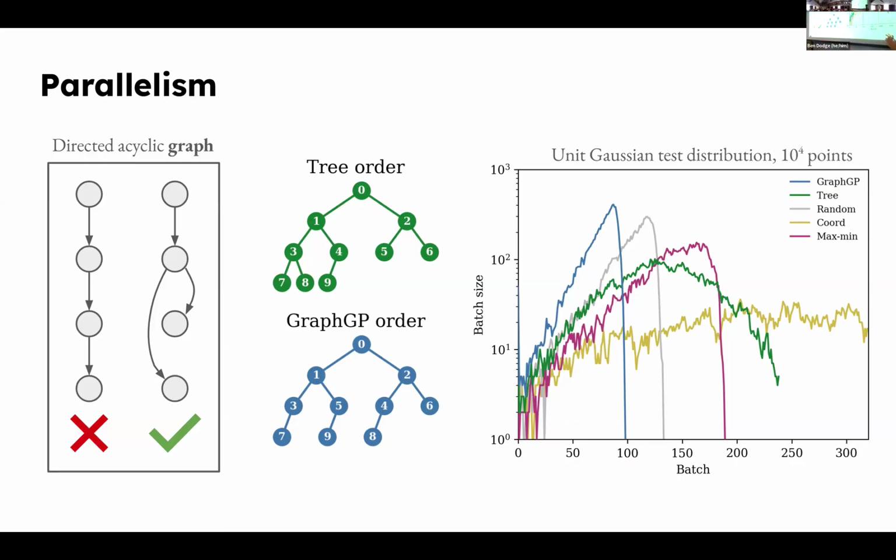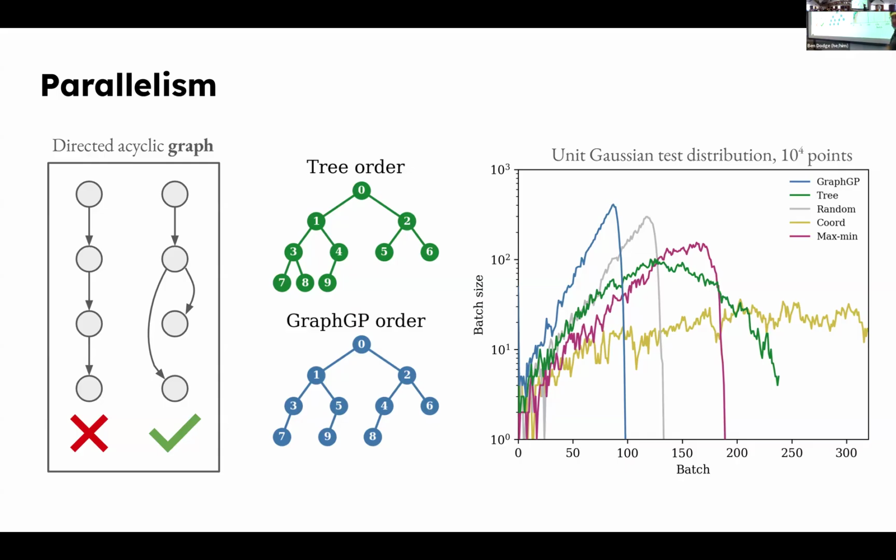Okay, a bit of technical stuff, but long story short, this is a plot of how many batches we need and how many points can be in each batch. So this one has 3 batches, this has 4, and in this one the third batch was 2 points. The blue line is our order, which is beating everything else, including the random order in gray.